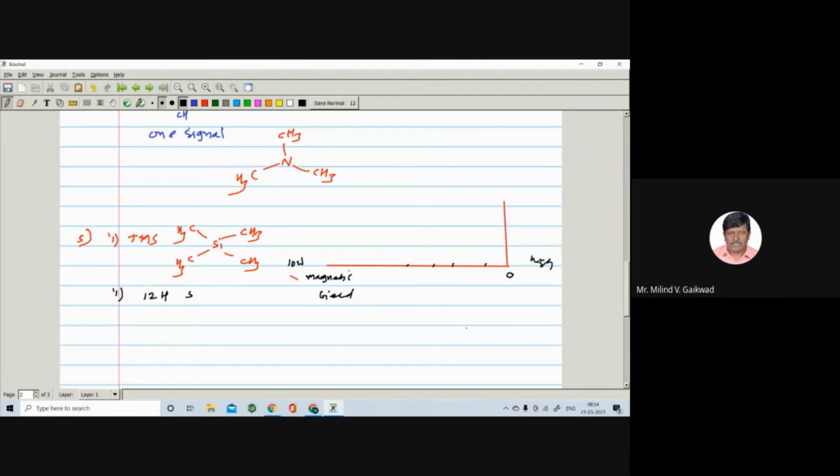And as its boiling point is low, when you put the sample tube at room temperature, the TMS evaporates, and you get the compound back. So recovery of the compound is possible in this case. That's why the TMS is taken as a standard.